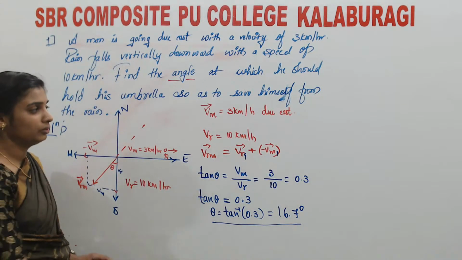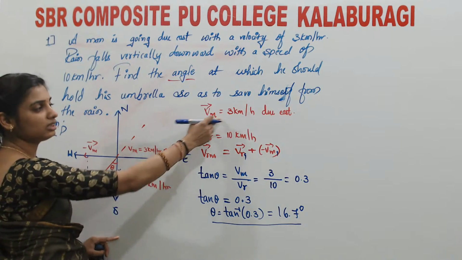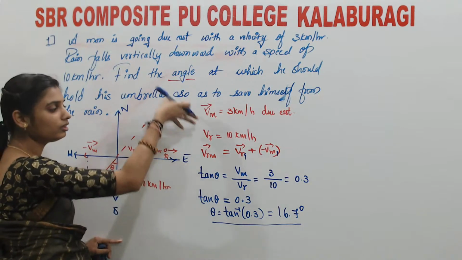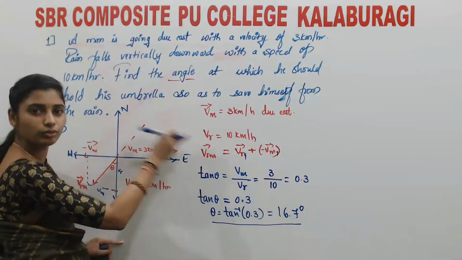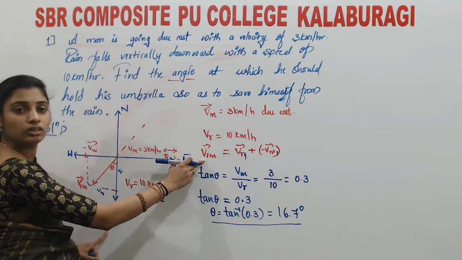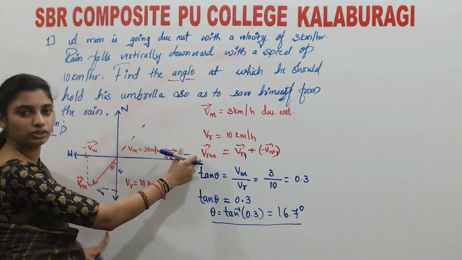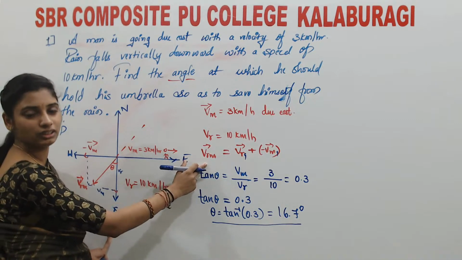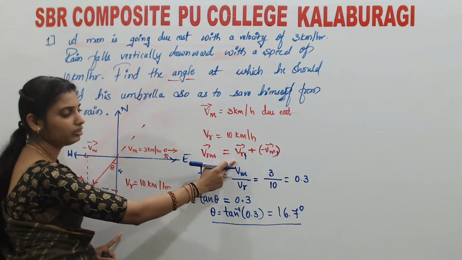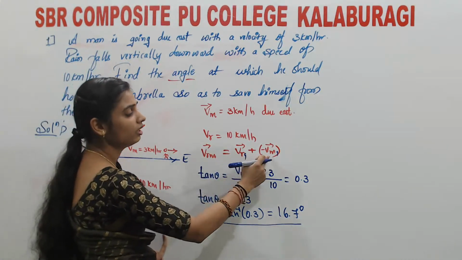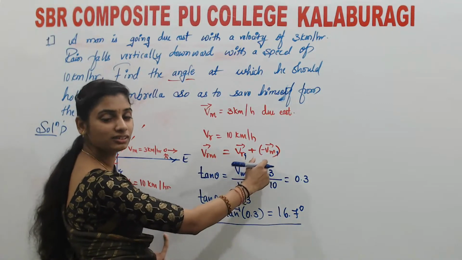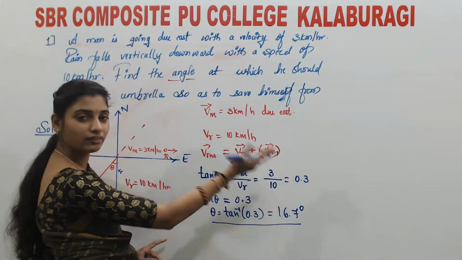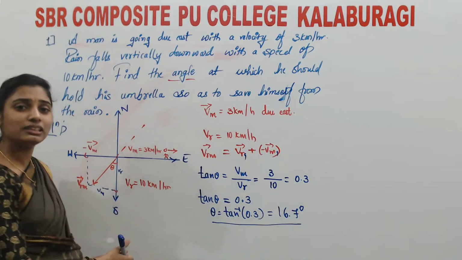Okay. So now velocity of man with respect to ground is 3 km per hour and rain with respect to ground is 10 km per hour, given. And now you know that relative motion formula: relative velocity of rain with respect to man can be written as velocity of rain minus velocity of man. We have to reverse the direction so as to get the resultant.